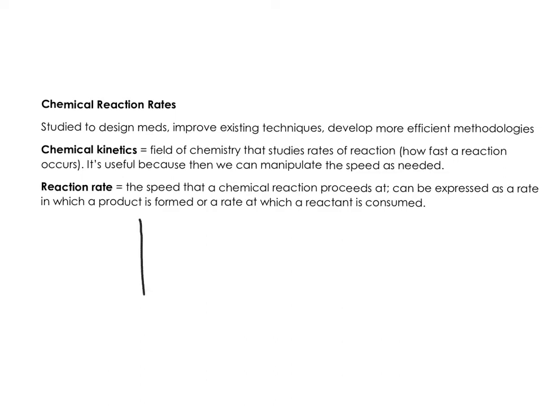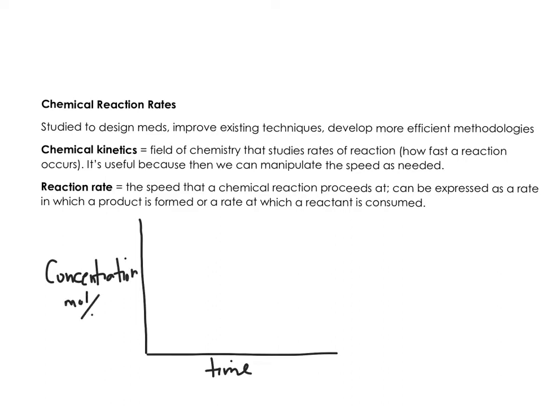So let's say we have a graph. Time or reaction progress goes on the bottom, and then maybe concentration. It doesn't have to be concentration, but it's one of the measurements used to measure rate.